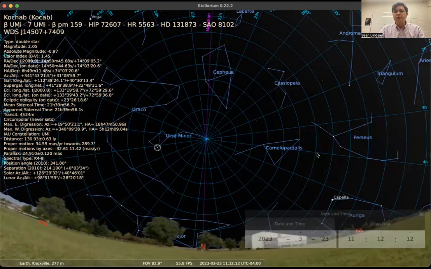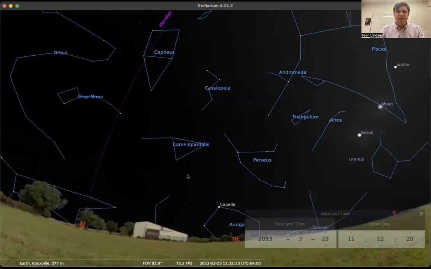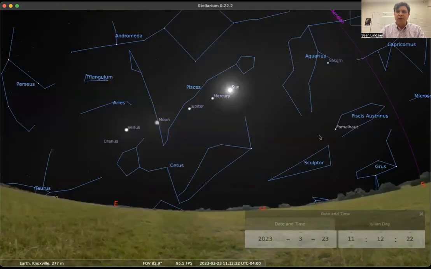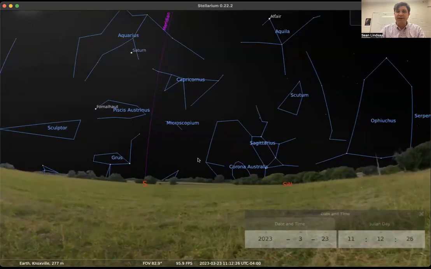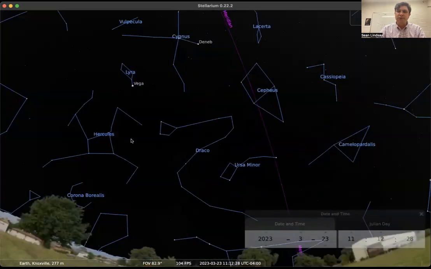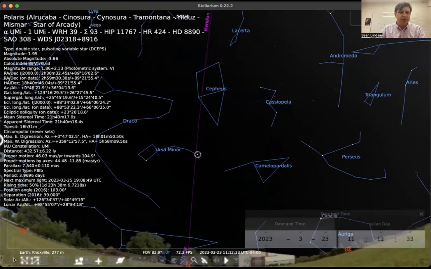So whenever we look towards the northern sky, our motions for our stars are a little bit different than they are for looking at the southern sky. We have some stars that never rise or never set. They just appear to circle the pole. And those are called circumpolar stars.